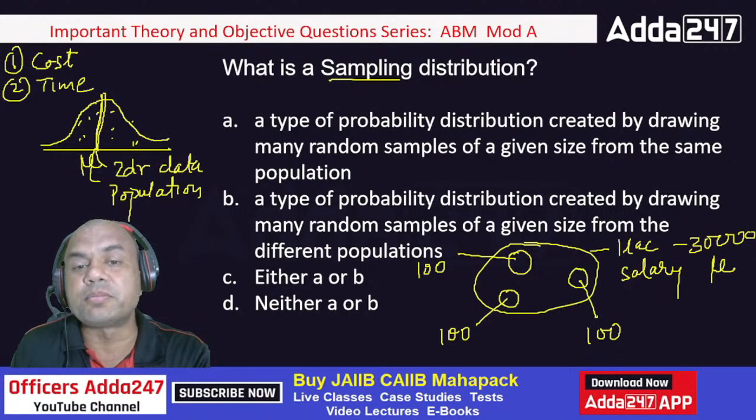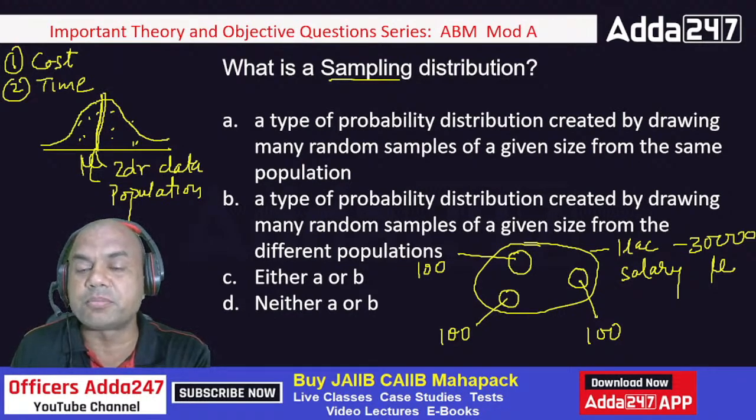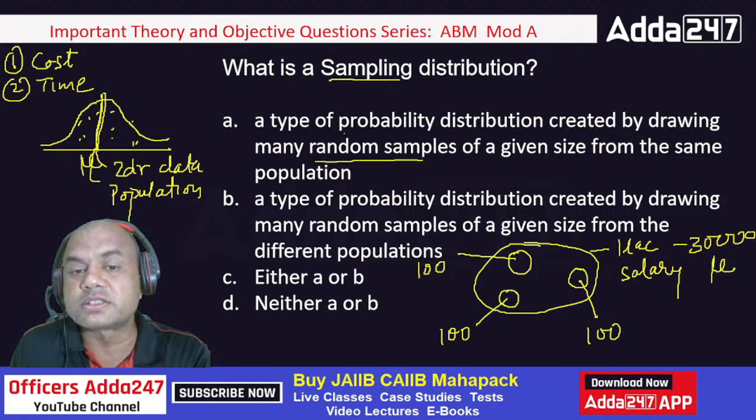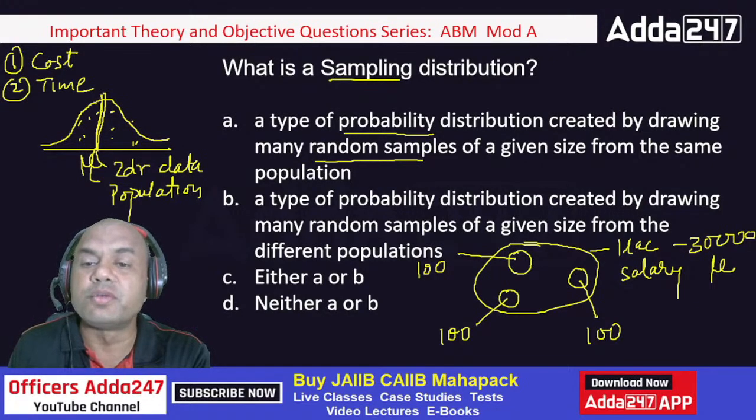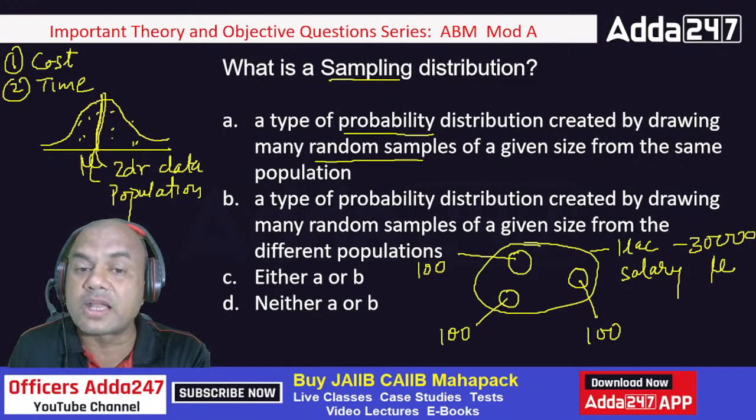So what is the sampling distribution? A type of probability distribution created by drawing many random samples of a given size from the same population. After all, it's a probability distribution which is created by drawing many random samples.